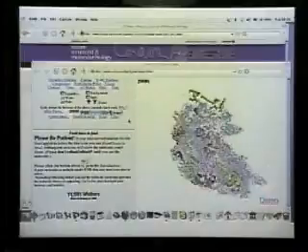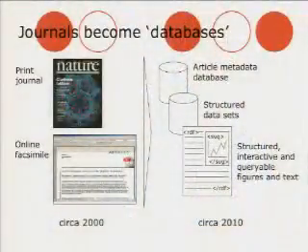It allows people reading papers in Nature Structural and Molecular Biology to fire up this Java applet and look at a manipulable 3D rendition of the molecule they're reading about. And again, this is delivered from SDSC, not from the Nature server. So those are simple examples of the kinds of extensions of functionality that we can provide online that we need to be doing more of.